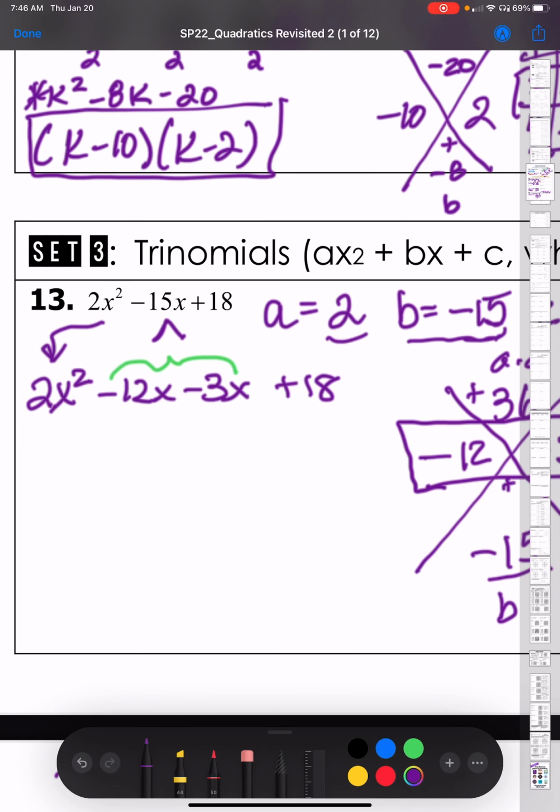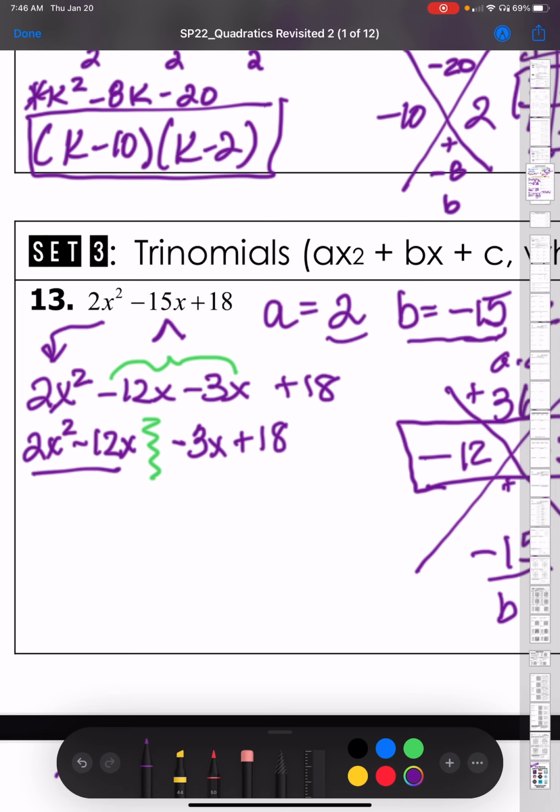We're going to take our 2x squared minus 12x, and this is where we group. I'm going to draw a little line in between because we're dividing it in two. Then we have negative 3x plus 18. And so now we're going to factor out our greatest common factor of the first two.